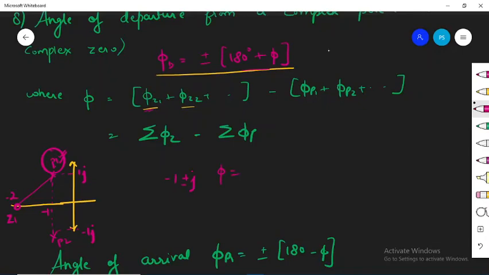It is the summation of angles which the zeros make with that complex pole minus the summation of angles which all the other poles make with that complex pole. Here we have only one zero and one pole to consider for p1, so it will be phi z1 minus phi p2. What is phi z1? The angle that this is making.